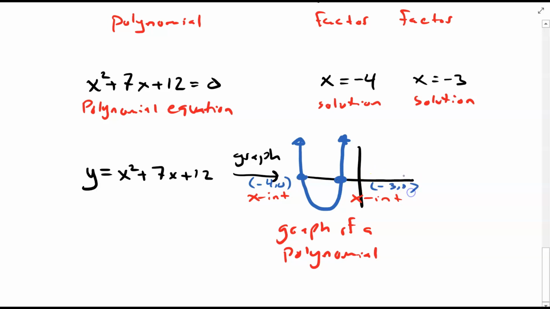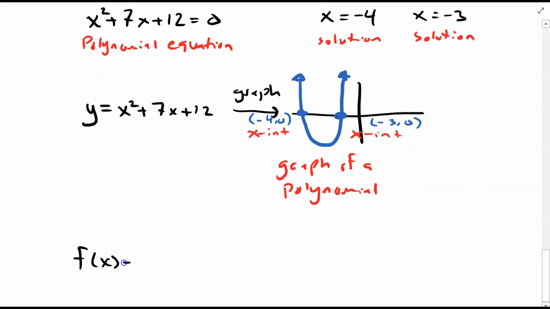It's at (-4, 0) and (-3, 0). Do you see a relationship between the x-intercepts and our solutions to the polynomial equation and the factors for the polynomial? Yeah, definitely do, right?